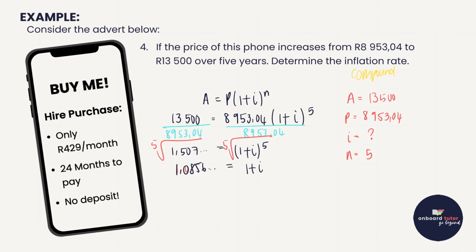Let's take the 1 over, it becomes minus 1. 0,0856 equals i, and then remember what we said, i has been divided by 100. So to get the interest rate, we're going to take this and multiply it by 100. So on the calculator, we multiply by 100, and that gives us 8,56% as an interest rate.